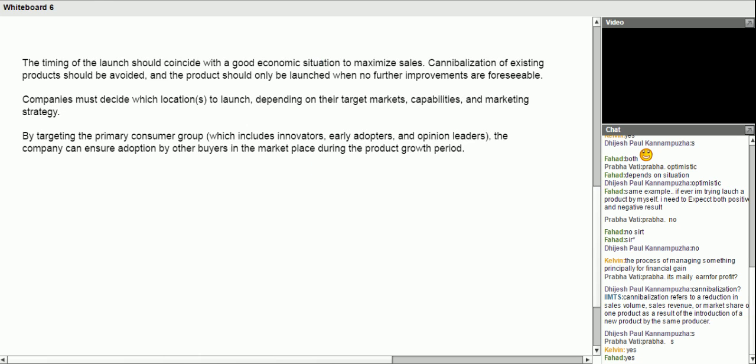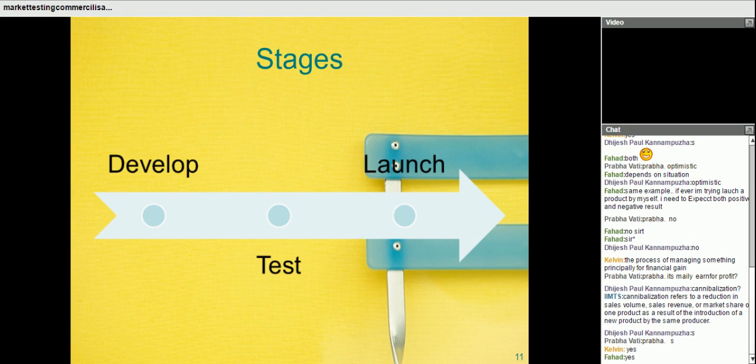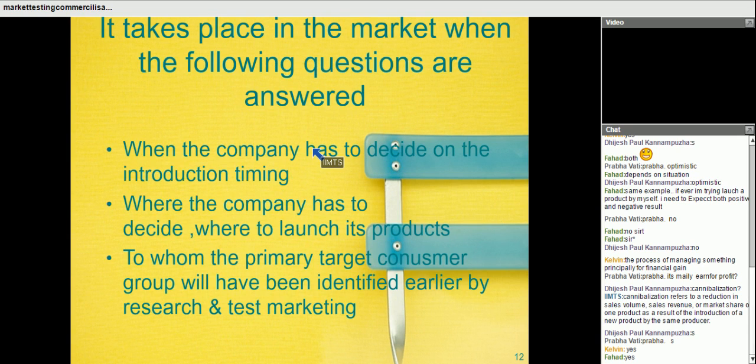So these are the three steps: develop stage, test stage, and launch stage. Commercialization takes place in the market when the following questions are answered.